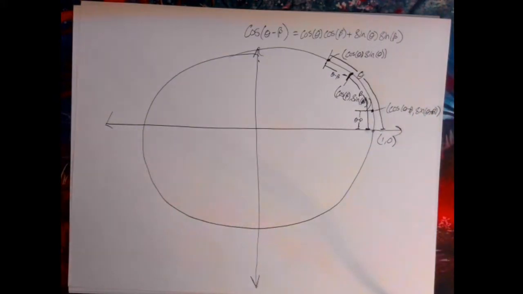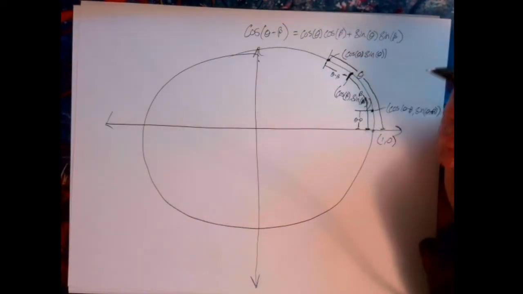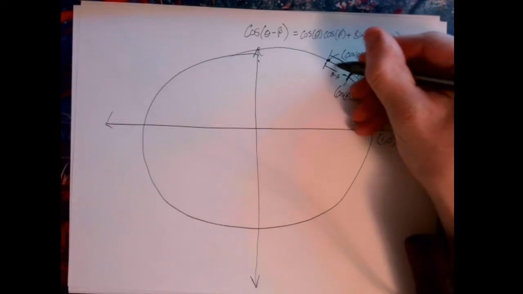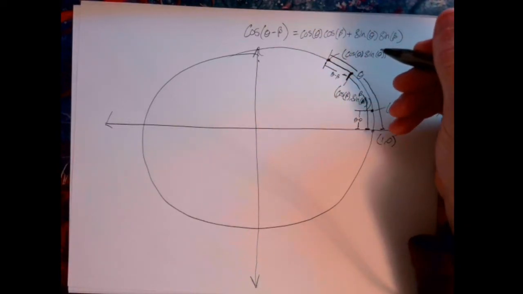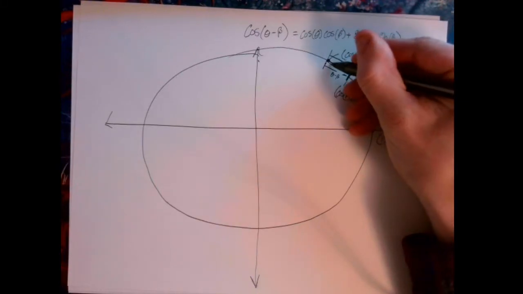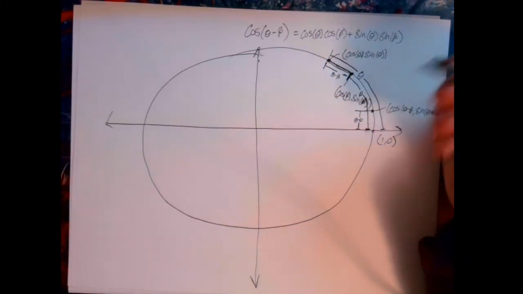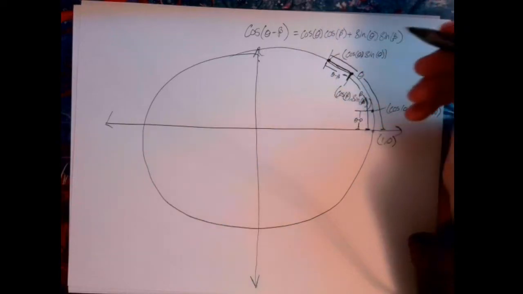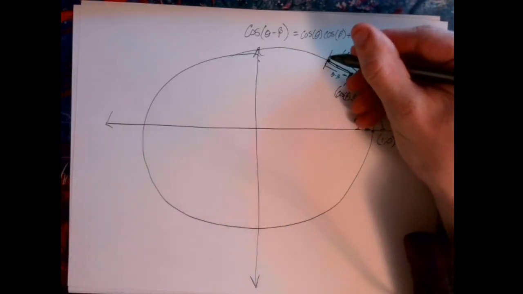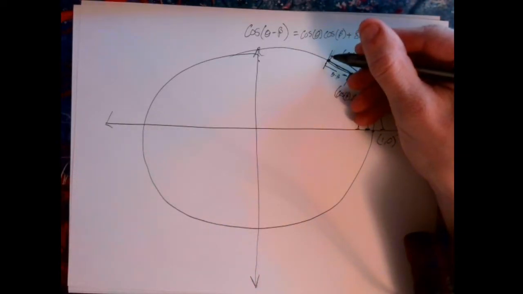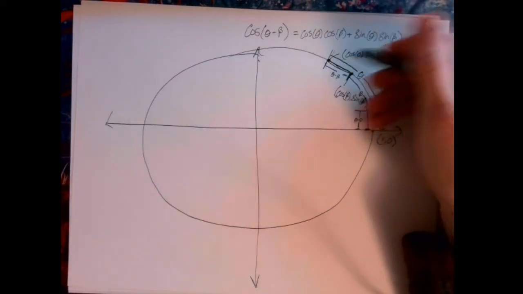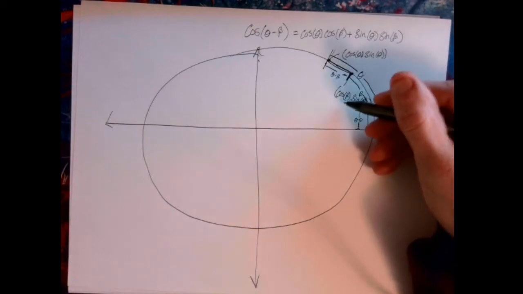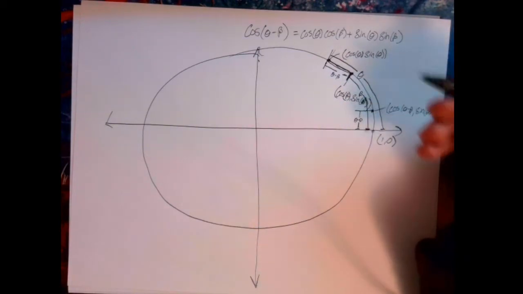So now what we can say is, because we just translated it, this distance here, it's a straight line, it's not on the curve, from (cosine of theta, sine of theta) to (cosine of beta, sine of beta), we'll call that d1.